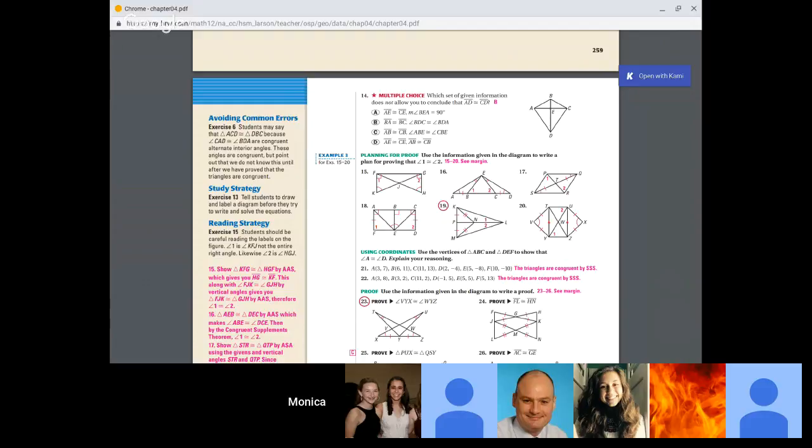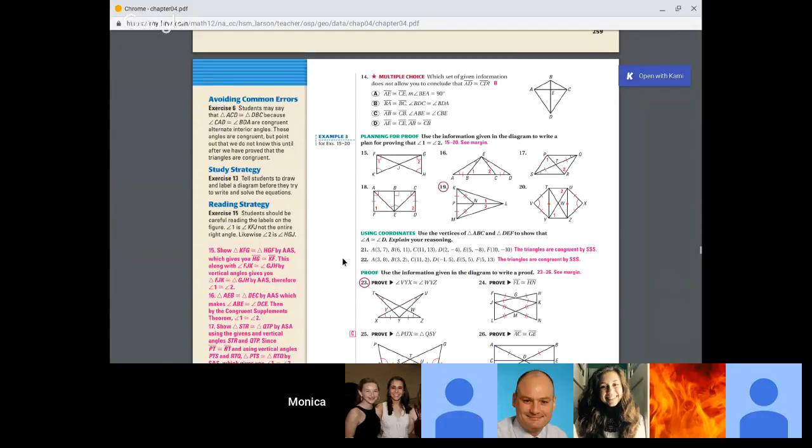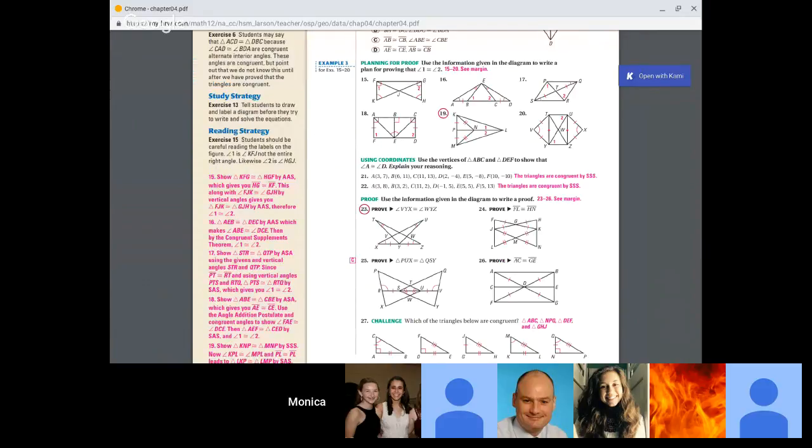Let's see. If we look at 15 here, look at the diagram and see what we have marked, okay? We know that we have two triangles here, this one and then this one, or two big triangles, I guess.